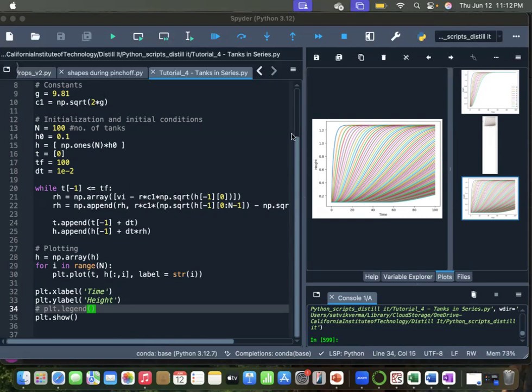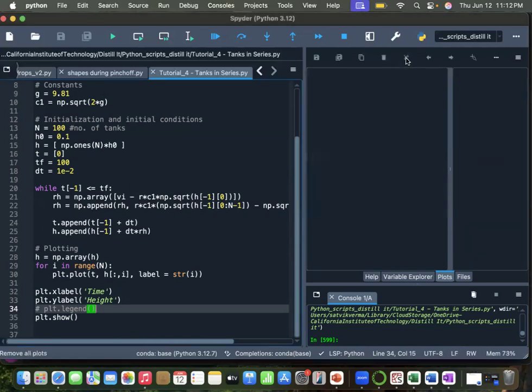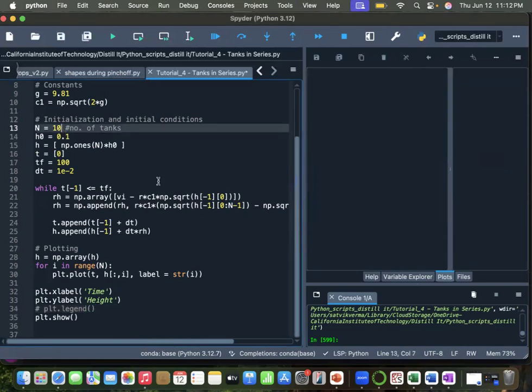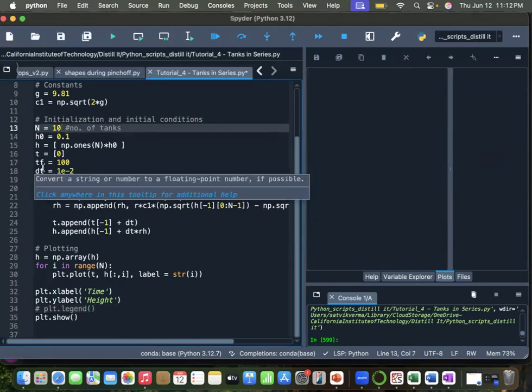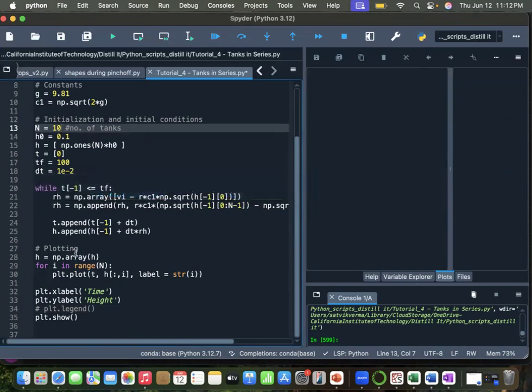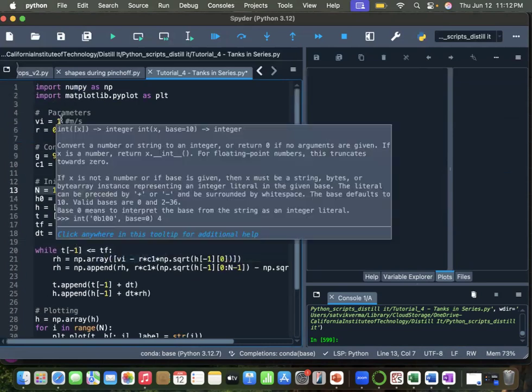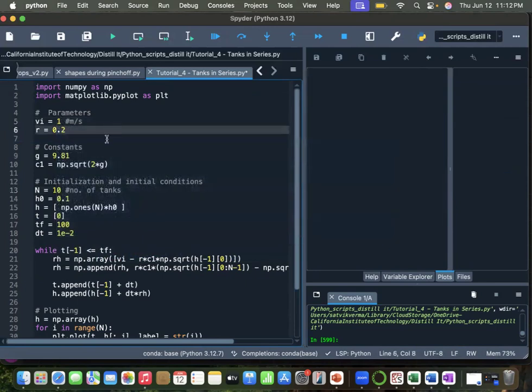Now, one thing that you might also be interested in understanding is what would happen if I suddenly change some parameter, right? So let's say, what if I suddenly increase the inlet velocity? How would all the other tanks react to it? So let's maybe try to see what happens.